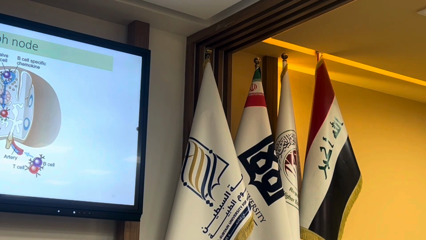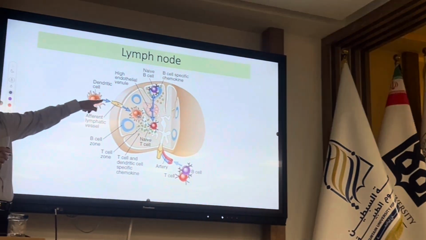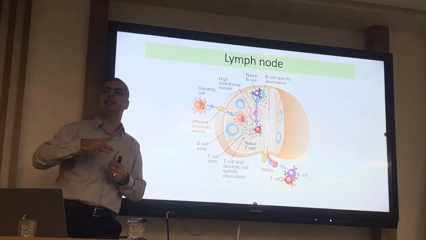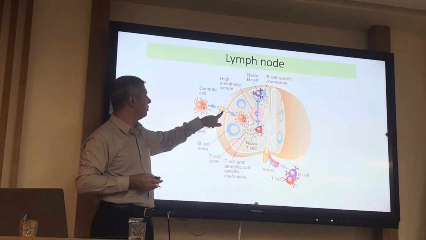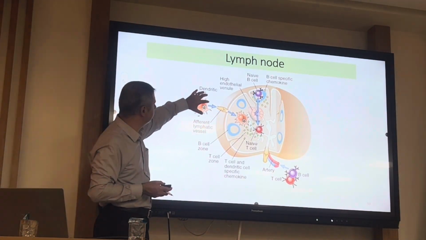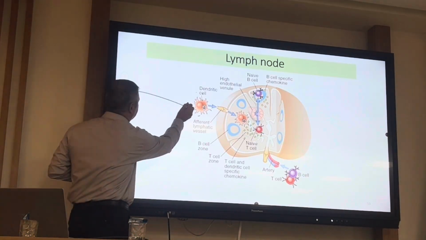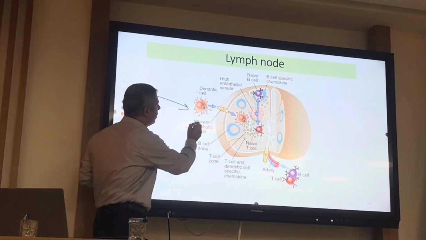This is the dendritic cell that I told you about, inside the lymphatic fluid. Inside the lymphatic fluid, we have some leukocytes, including dendritic cells. Those dendritic cells take the antigen by themselves to the nearby lymph node. You can see here the dendritic cell taking the antigen, for example, from the tissue toward the lymph node.